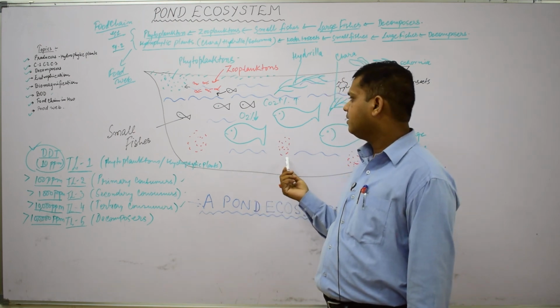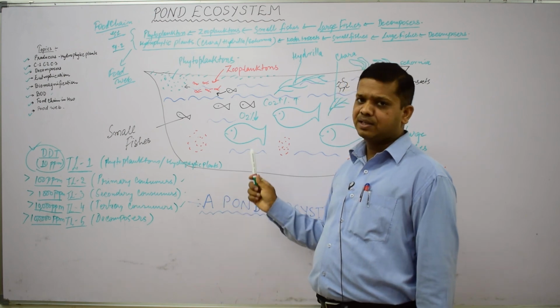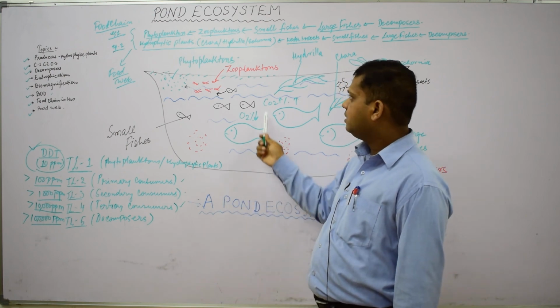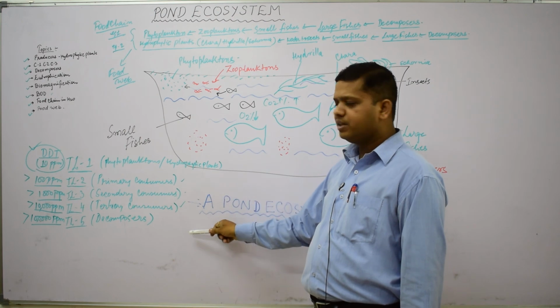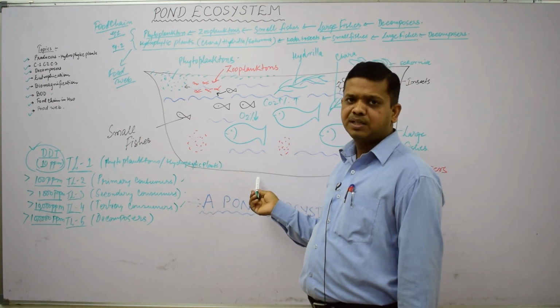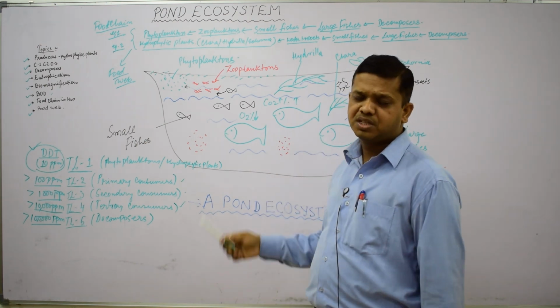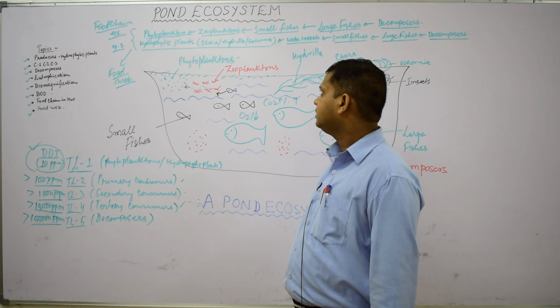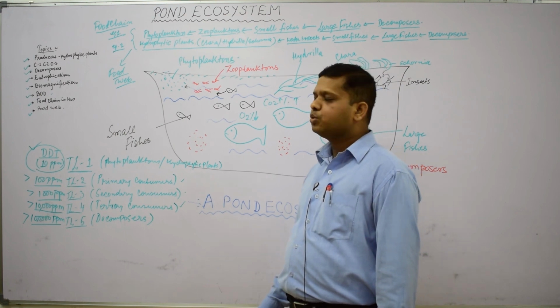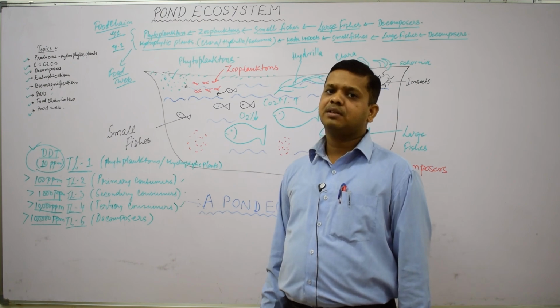In two cases we have seen, whether it is eutrophication or biomagnification, the toxicity level will enhance as I have shown you here, and the death of fauna and flora will take place or toxicity level will increase in the pond ecosystem. So, for that it is important to check the eutrophication as well as biomagnification. Thank you.